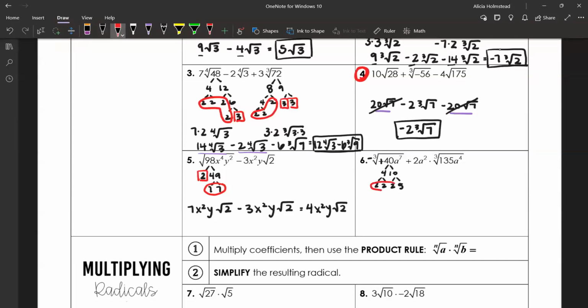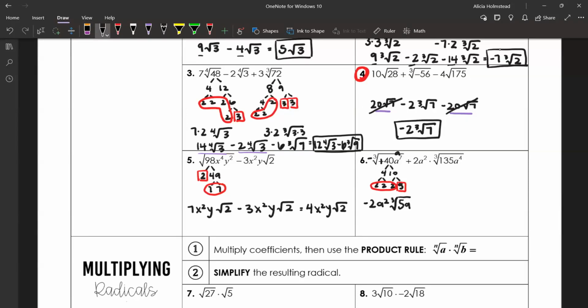Our index is 3, so we're looking for groups of 3. So we'll pull that 2 out, so we'll have negative, our negative from before, and a 2. We have 7 A's, which is 2 groups of 3 with 1 left over. Maybe I'll write 1 up there to remind me. And then inside of our cube root, we have 5A.